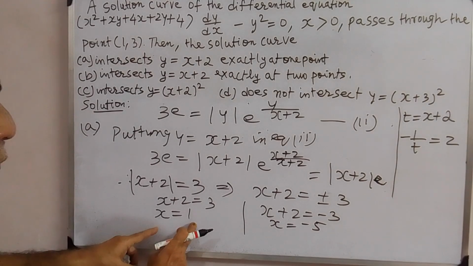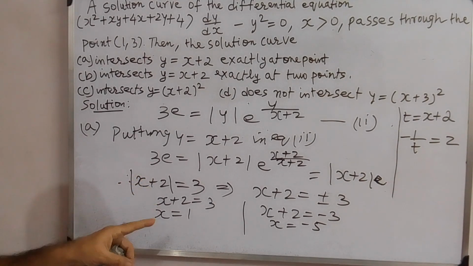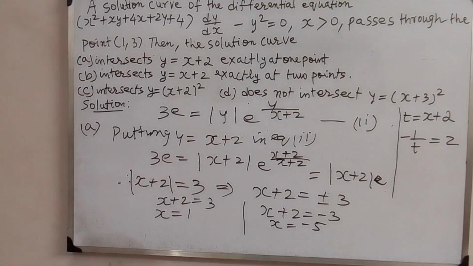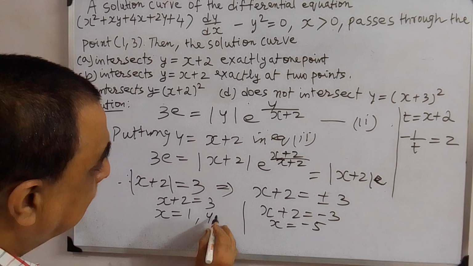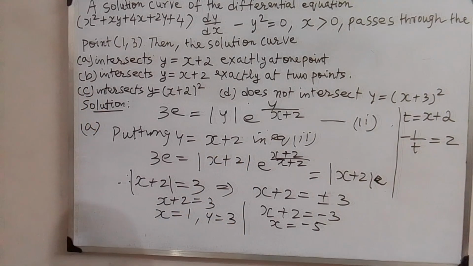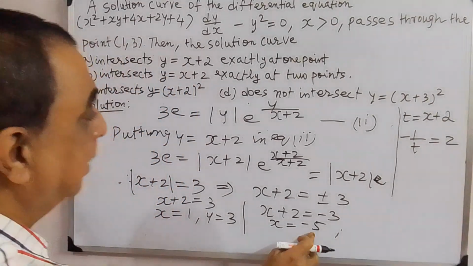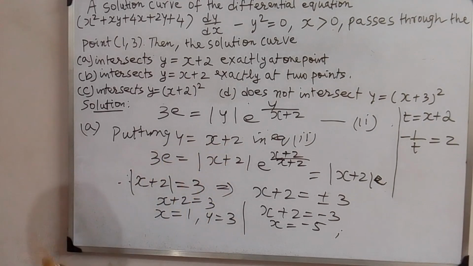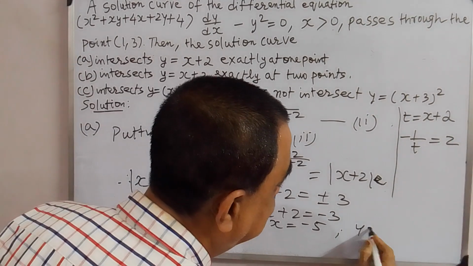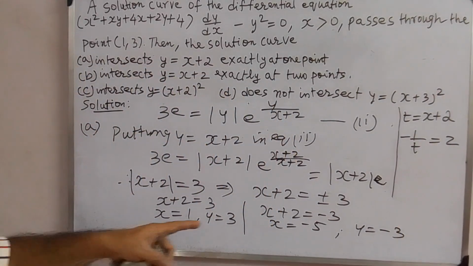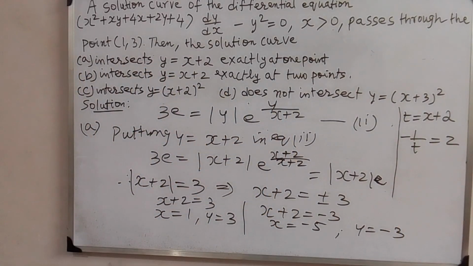When the x value is 1, what will be the value of y? The y value will be x plus 2, so y will be 1 plus 2, that is 3. And when x equals minus 5, y is minus 5 plus 2, so y will be minus 3.